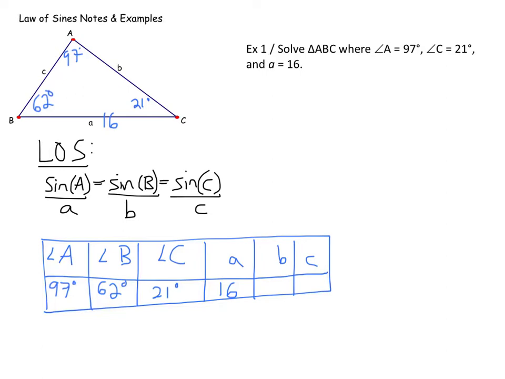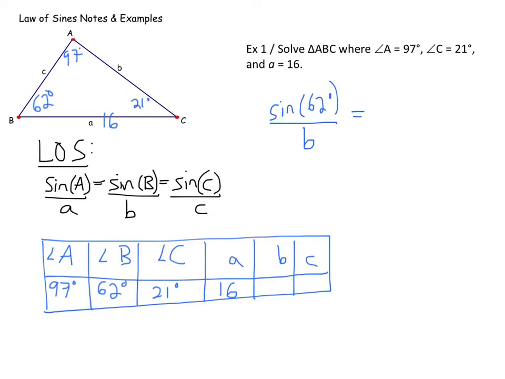Okay, so let's try it out. Let's try and get side B. Well, I do know that the sine of angle B, that's going to be the sine of 62 degrees, is equal to the sine of 62 over side B, which is what we're trying to find. I know that ratio is the same as, where should I focus?